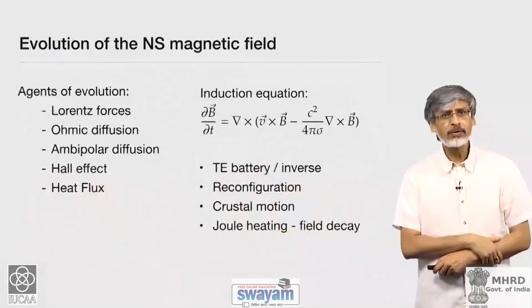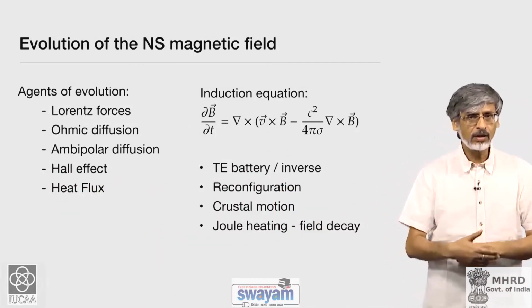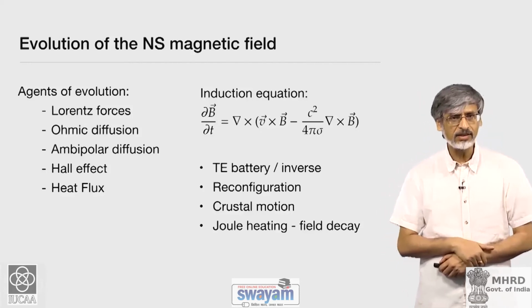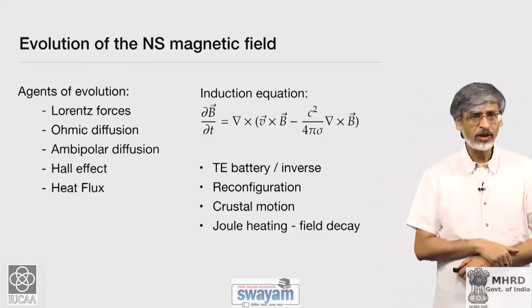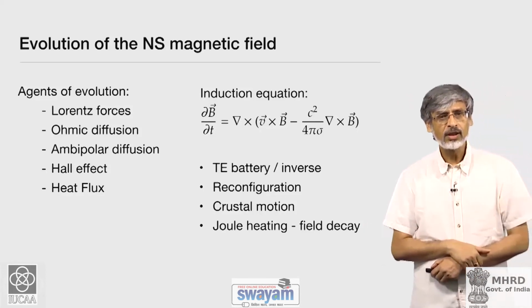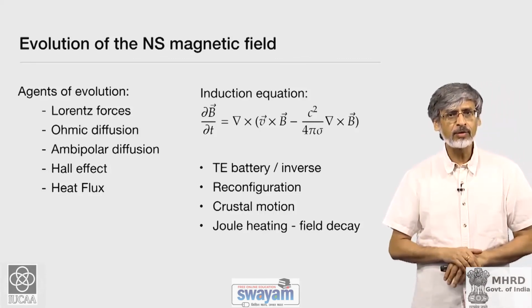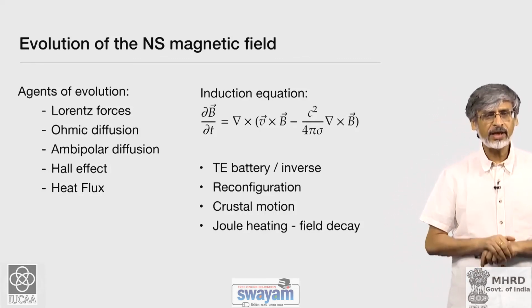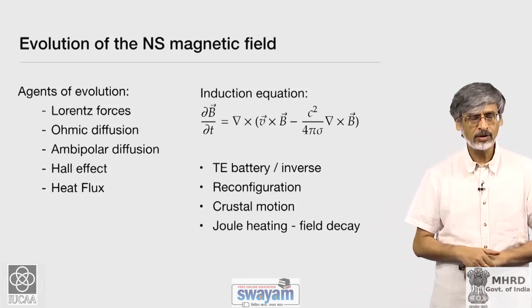So, the evolution of the field is driven by different agents, the Lorentz forces of course, then ohmic diffusion, ambipolar diffusion. Ambipolar diffusion is important in the situation where you have a mixture of charged particles and neutral particles, which you do have in the neutron star.